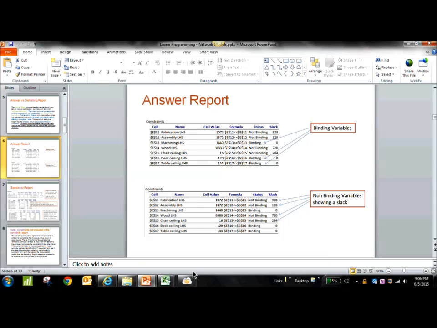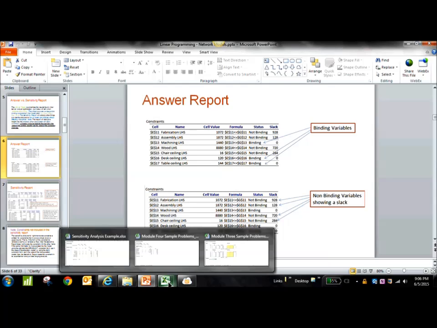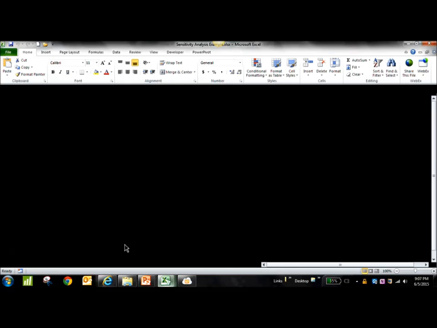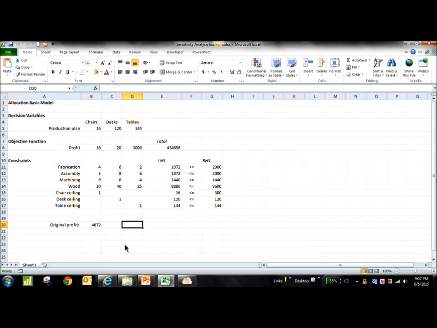And as you know, once you generate the answer report, which we're all familiar with, for example, if I open something like this, this is one of the examples from Module 2, the allocation model, where it shows the different set of variables that we try to find, the decision variables, and what's that production plan solved by the solver.